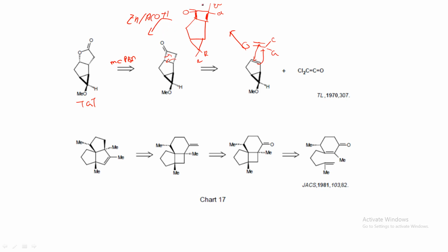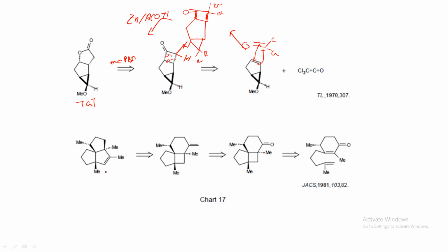So when zinc chloride type species is generated, it gets easily protonated, and two protons can easily be incorporated over here. So that's for this type of disconnection, and that's how they completed this synthesis.